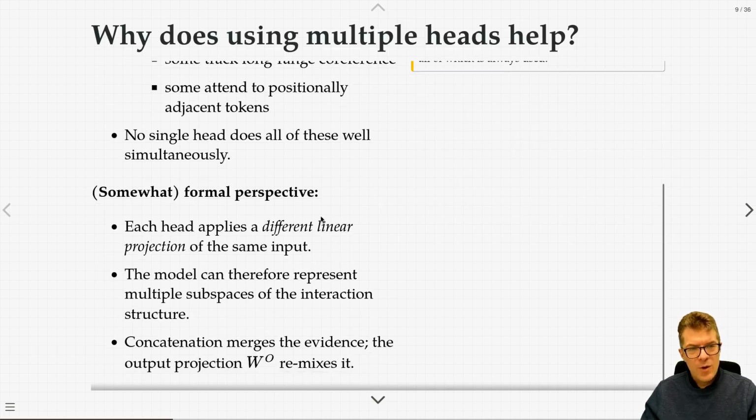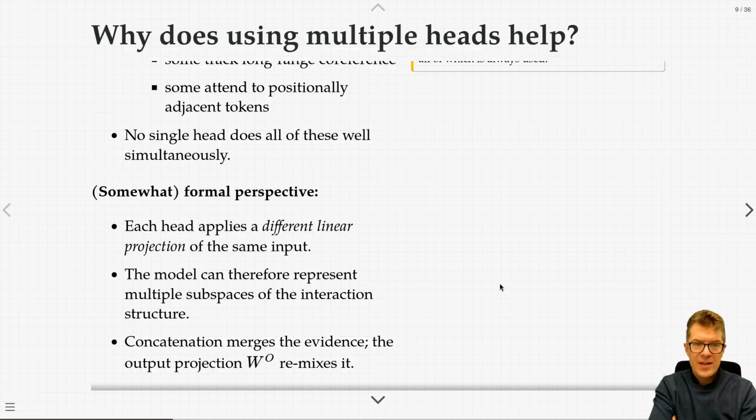From a somewhat more formal perspective, each of these heads will be a different linear projection, like we saw a moment ago, of the same input. So they'll project in different ways, and therefore the model can represent different subspaces of the interaction substructure, which basically just means the way in which these tokens interact with one another, the thing we're trying to identify through these attention mechanisms.